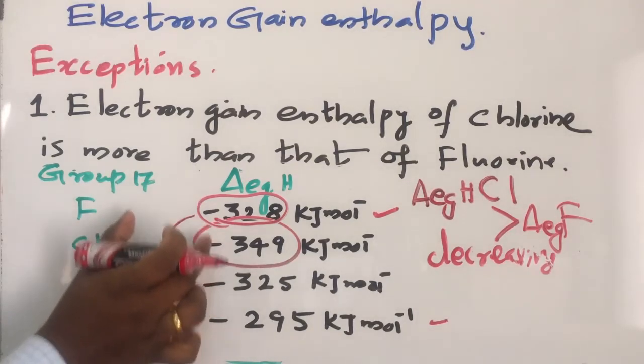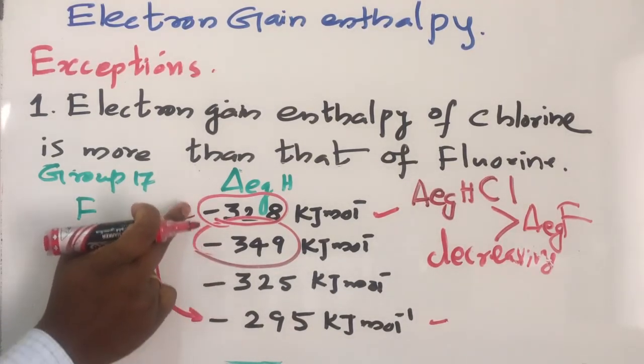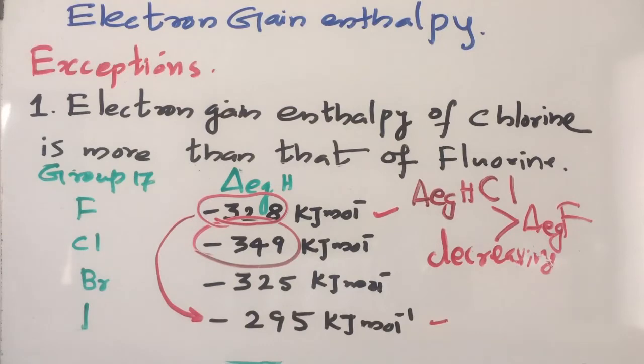So it is an irregularity found in the general trend. How can we explain this irregularity? We can explain it from the Bohr model of fluorine and chlorine.